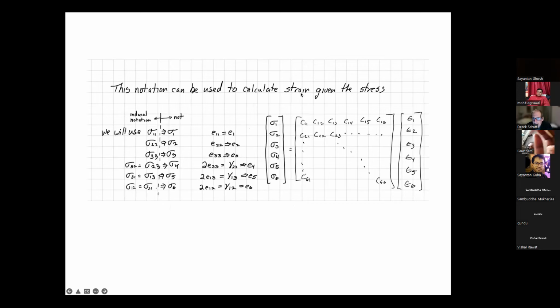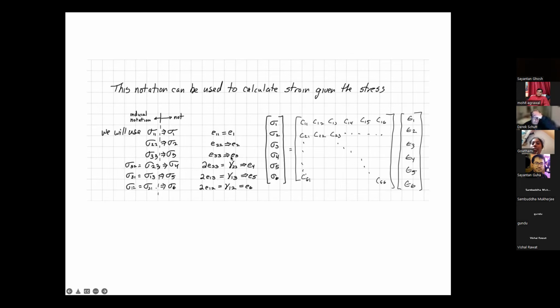We can calculate strain given the stress. So similar to our sigma ij equals Cijkl times Ekl, what we will use is sigma from 1 to 6, which represents these terms on the left here of our standard 3x3 tensor.